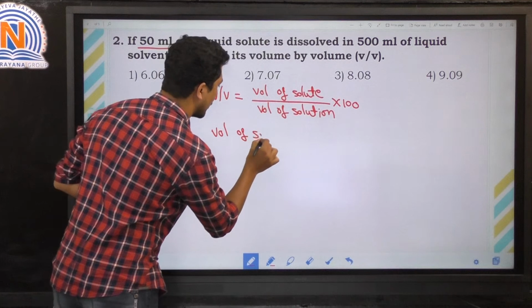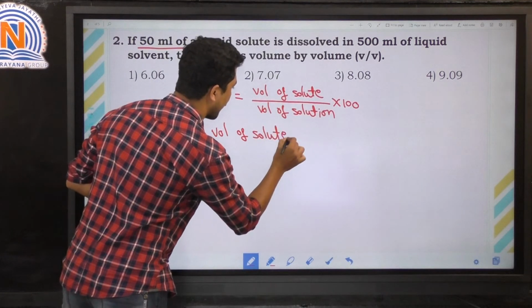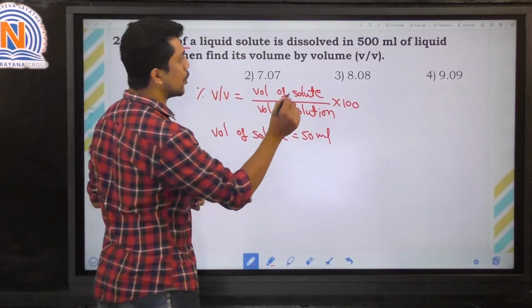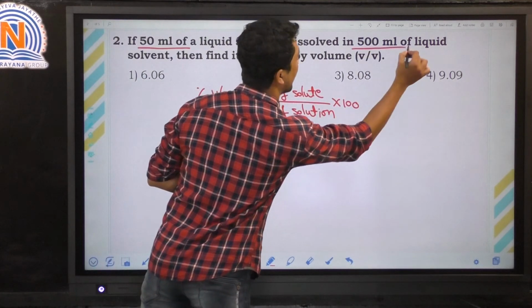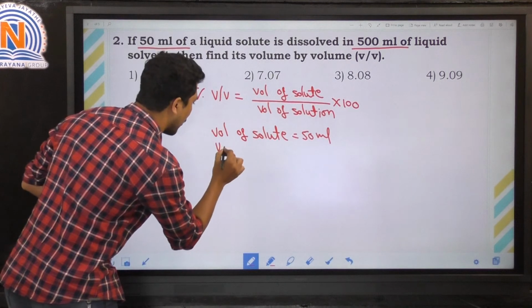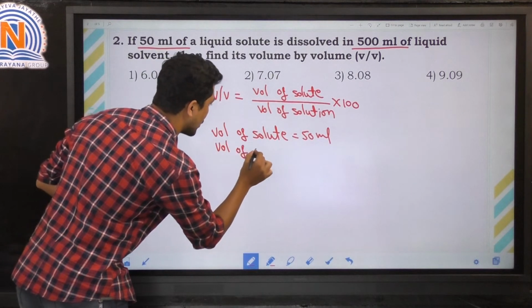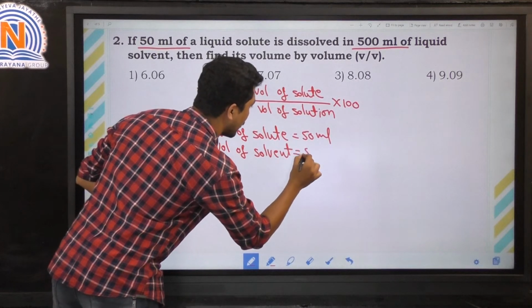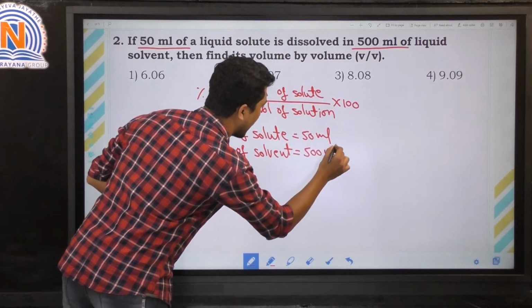Volume of solute they have given, that is 50 ml. Volume of solute equals 50 ml. And volume of solvent they have given, that is 500 ml. Volume of solvent equals 500 ml.